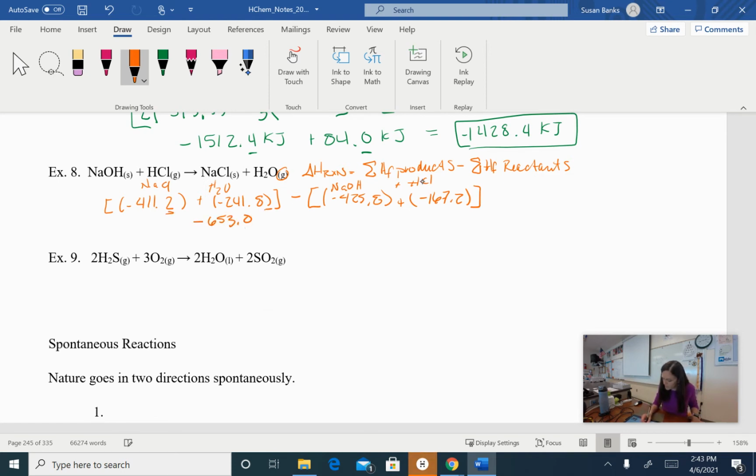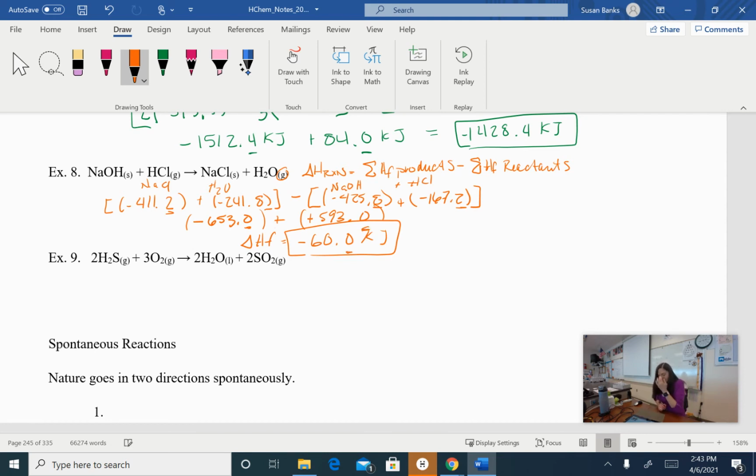Notice these both go to the 10th, so I can go to the 10th, minus negative 593, and this I can go to the 10th as well. So I have a minus, so that actually becomes a plus. So my heat of reaction for this will be a negative 60.0 kilojoules. And yes, I need to go all the way to the 10th because both of these go to the 10th.